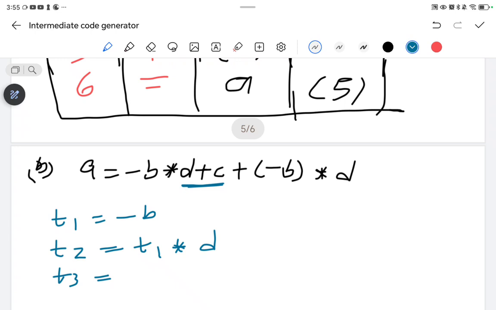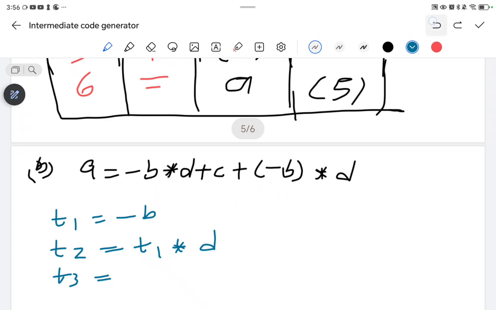So on T3, I'm just going to have my T2, and I add C. After C, I can go to D, or instead I can decide to have B times this. Then I add the two expressions. But the best way, after computing this, is to take this one, then you compute this.